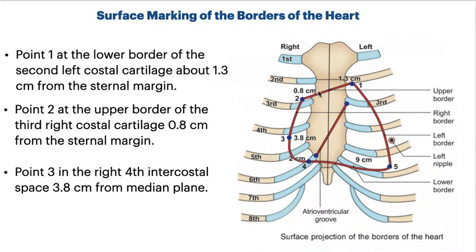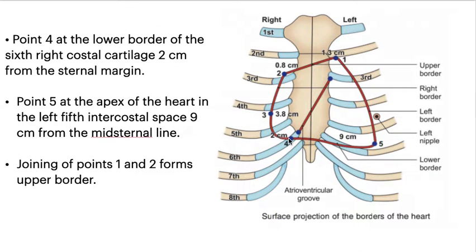This is your upper border. Point 3, fourth intercostal space, 3.8 centimeters from the median plane, around 4 centimeters, depicting the right border. Point 4, lower border of the sixth right costal cartilage, 2 centimeters from the sternal margin.